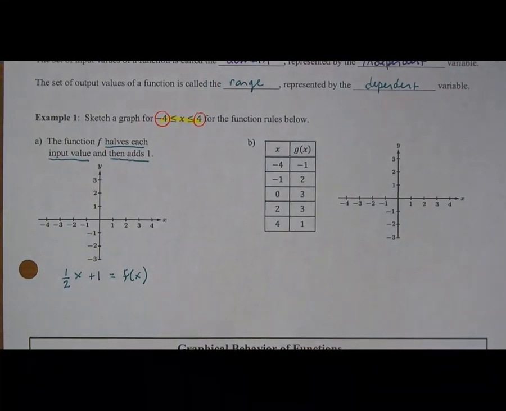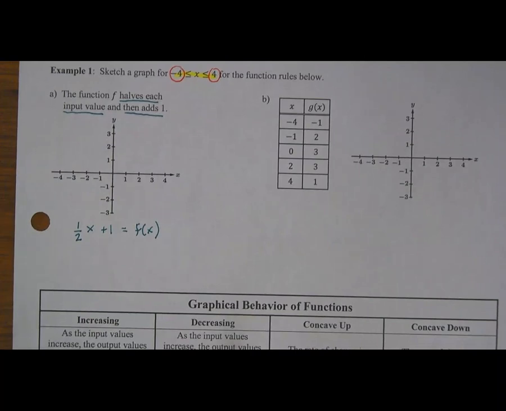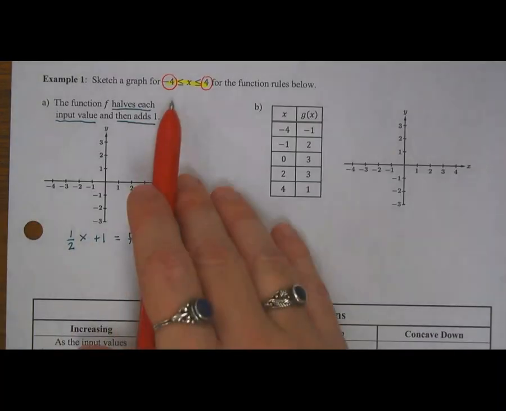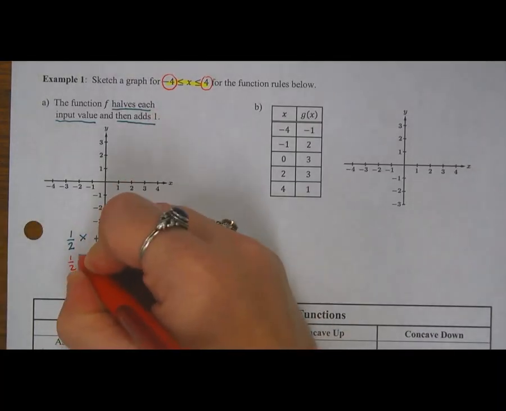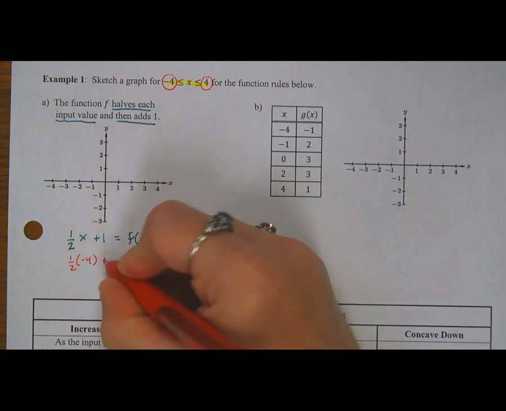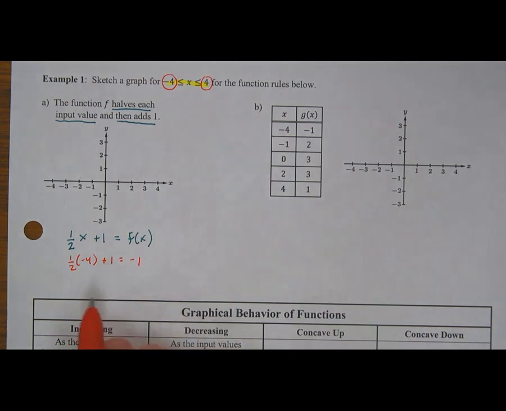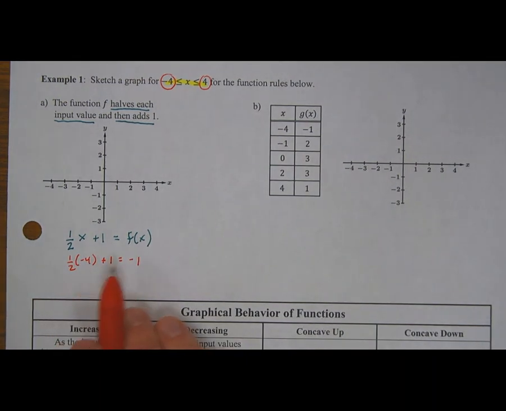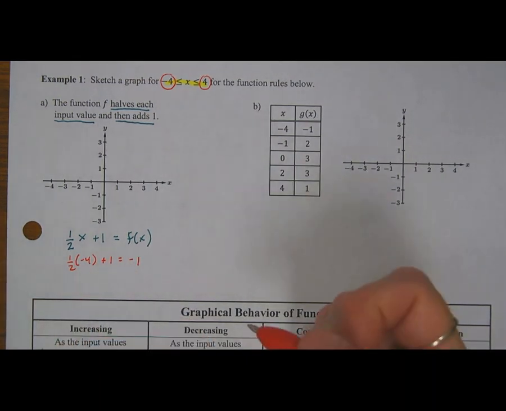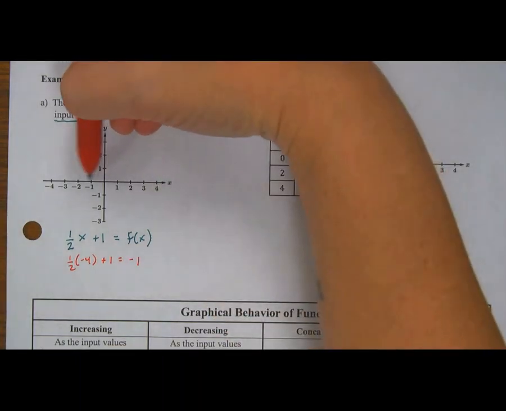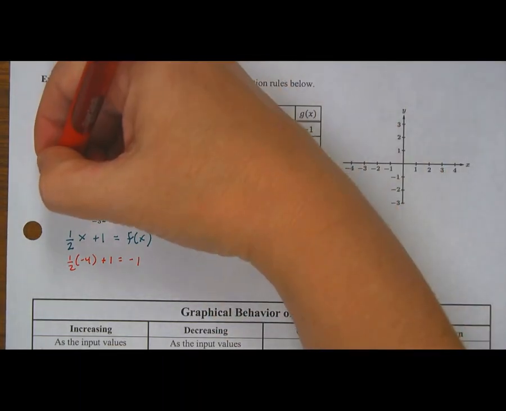We can connect the dots and move on, okay? So what is 1/2 of -4? -2. And what's -2 plus 1? -1. My input is -4. My output is -1. That creates the ordered pair -4, -1.